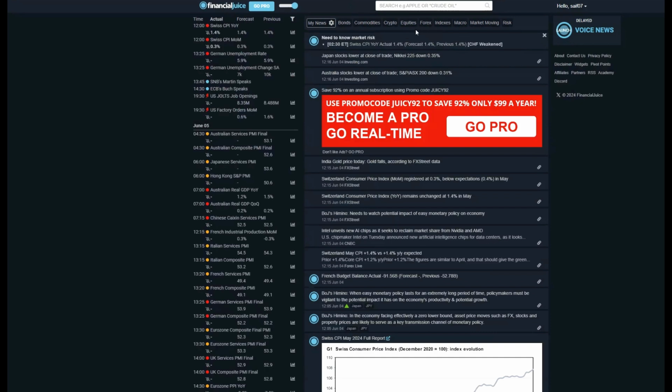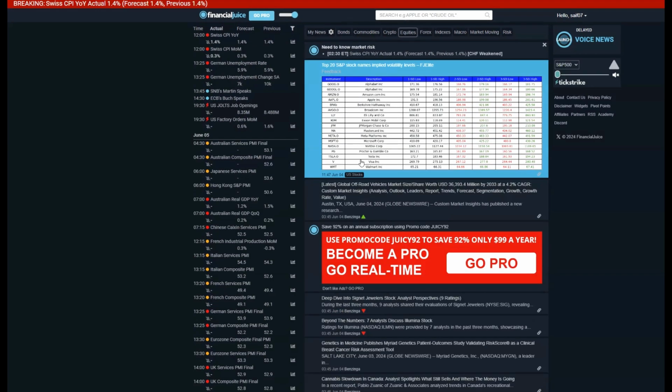Get the context of the market and which stocks to actually find and trade in the day. If you go to the equities, it will give you the top 20 S&P stocks by implied volatility. These are the stocks you would have wanted to trade yesterday, as these are where the opportunities were.